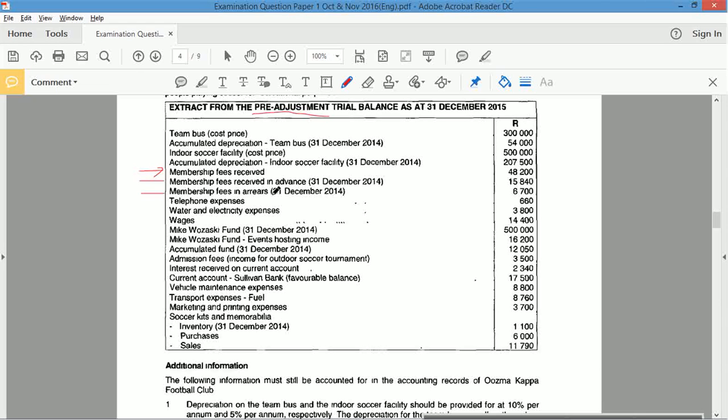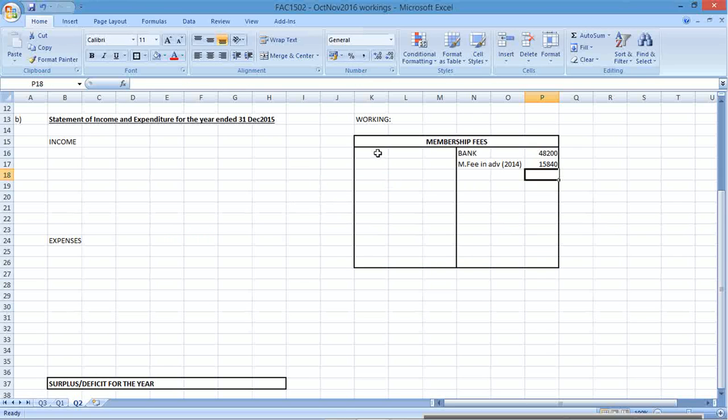If it's arrears, it would be outstanding, so it would be an asset, accrued income. Accrued income will have a debit balance, so how do you get rid of a debit? You credit it, exactly. So if I credit this account, I'm going to debit this account.